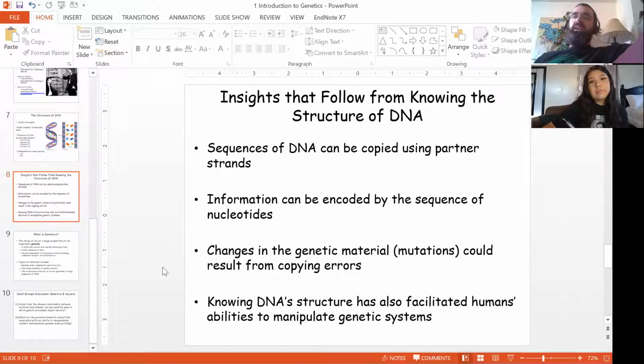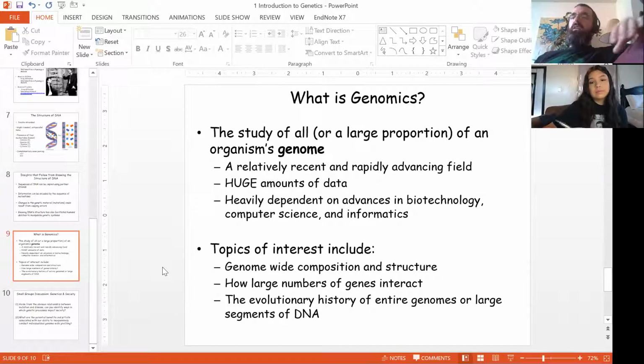But then every new sequence will be compared to that. So essentially what we're talking about with genomics is really the study of as much of an organism's genome as possible, right? So my genome is largely the same as yours, but my genome will have a particular collection of changes which are different to yours.